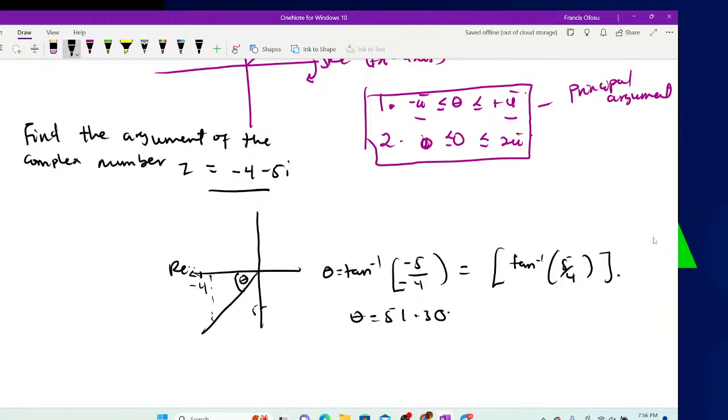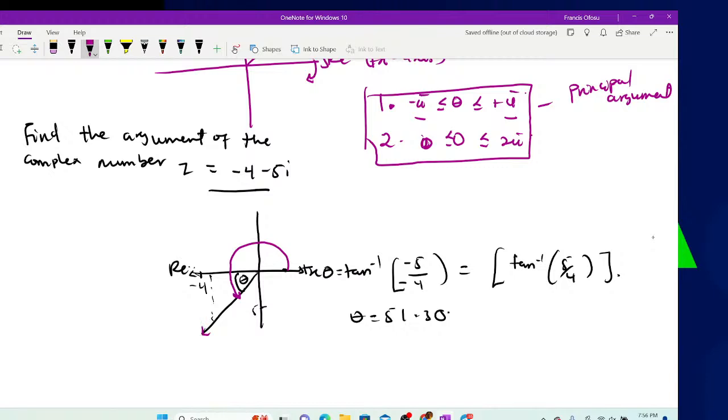No. The rule says we should measure the argument from the positive x-axis. So we should measure it from this side up to the complex number itself. You just have to draw an arc to touch our complex number.